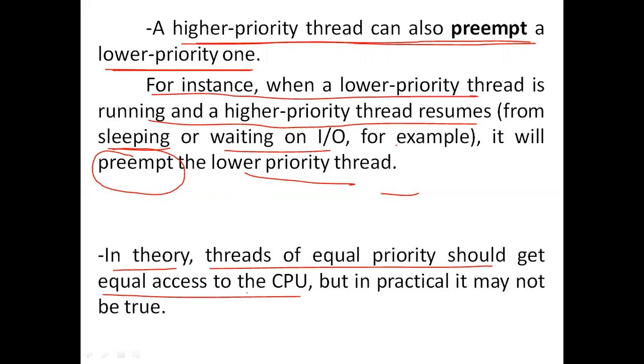But in practice it may not be true, because it depends upon what kind of operating system you are using on your computer and how multitasking was implemented in that operating system. So we cannot say that even if 3 or 4 threads having the same priority are being executed, they all will get the same amount of CPU time. Theoretically it is correct, but practically it may not be possible.